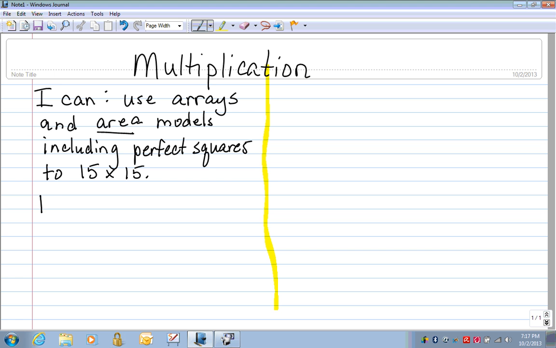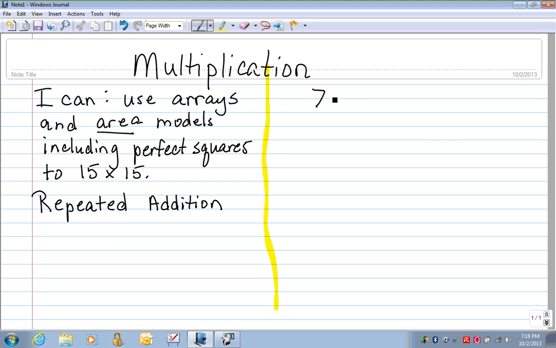Multiplication is repeated addition. It's an easy way for us to add the same number multiple times without having to write it. But for the sake of practice, let's go ahead and write the repeated addition.